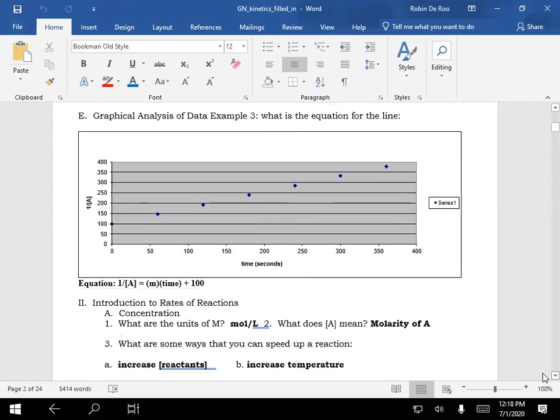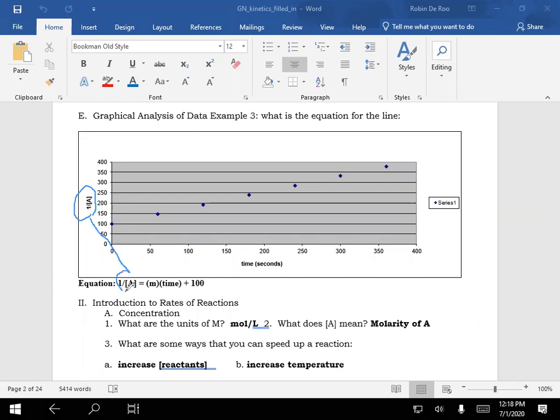Okay, so we're looking at another graph. In this case, we have seconds again for the time, but we have 1 over concentration of A. That's our y.